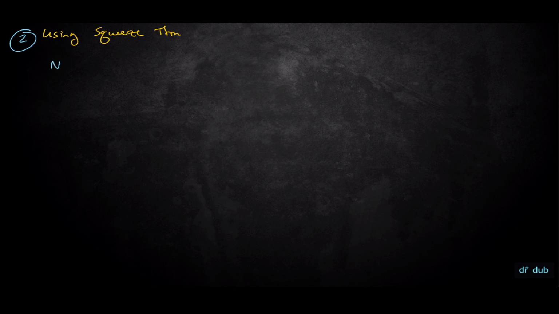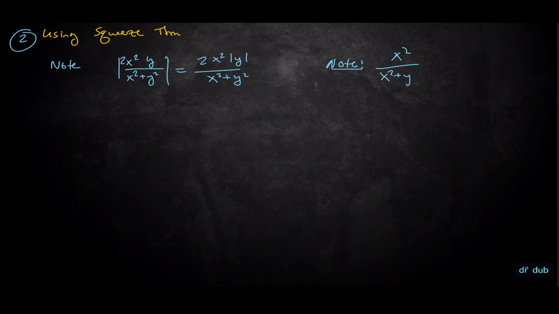So note again that the absolute value of 2x squared y over x squared plus y squared is equal to 2 times x squared times the absolute value of y over x squared plus y squared. And note, like we said before, that x squared over x squared plus y squared is less than or equal to 1. So this is less than or equal to 2 times the absolute value of y.